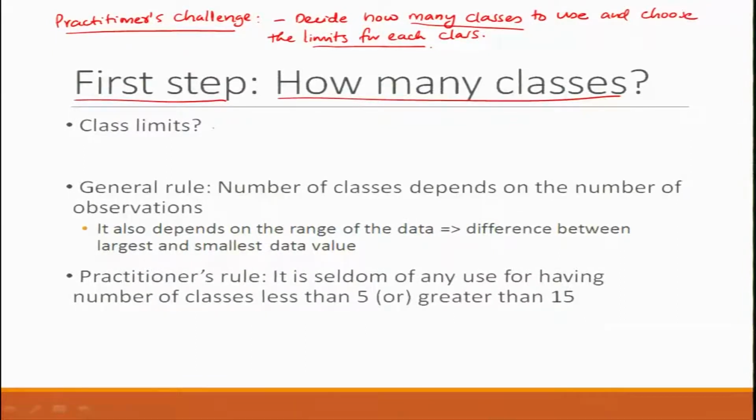The class limits, what does it mean? This means from where to where each class is to go.